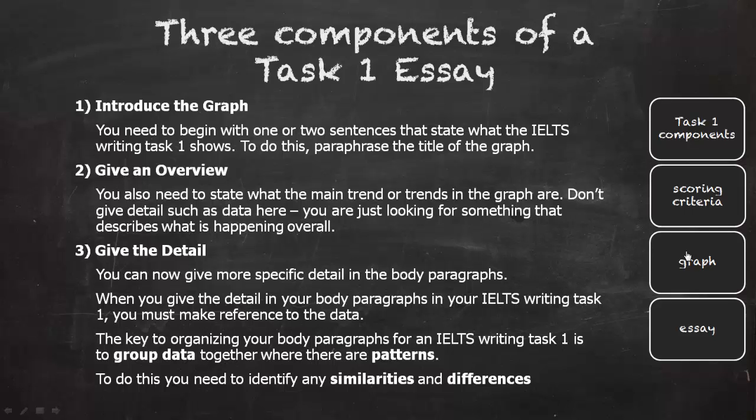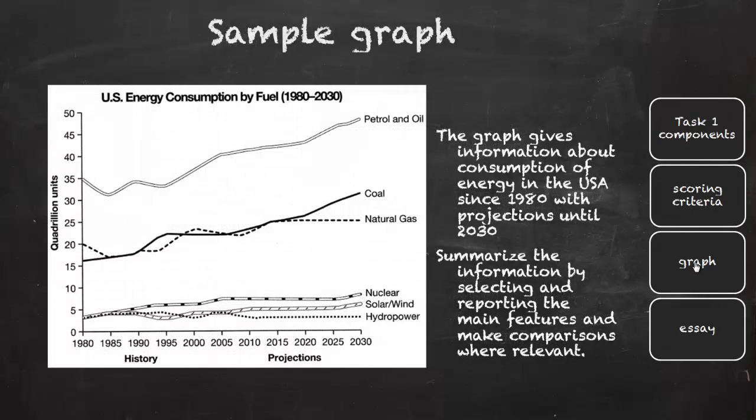So if we go back to the graph, you will see straight away that the consumption of petrol and oil is the highest throughout this whole number of years, and it's also increasing, it's rising. Now that's one of the major things that you can see straight away.